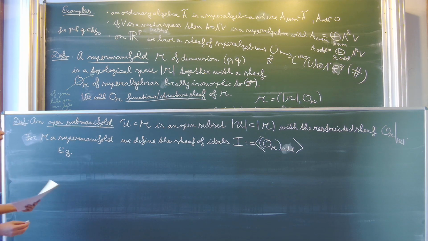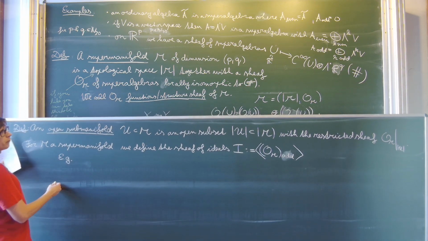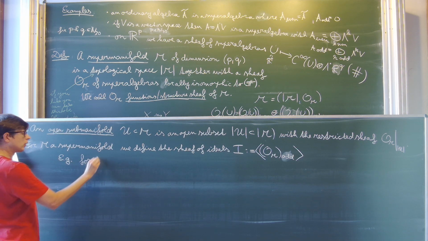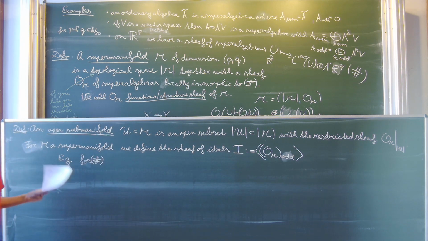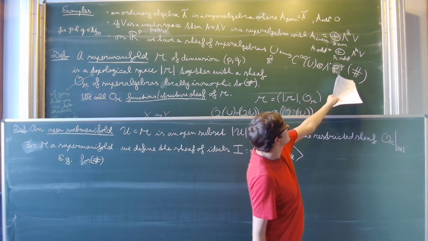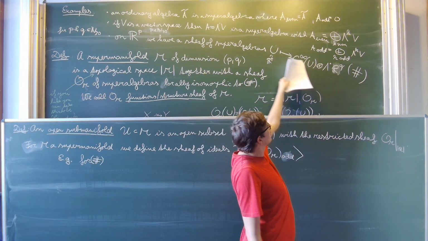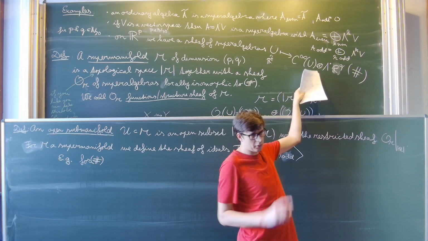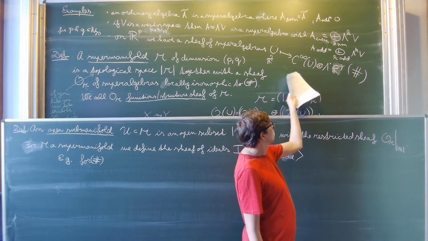Okay. So in this one, let's try to see what this ideal is. Does anyone see what the odd part of this superalgebra is? First, not the ideal. What is the odd part?